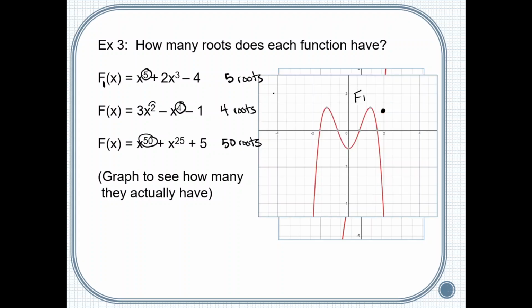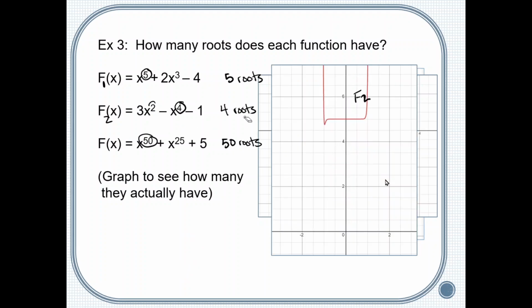If I look at the x to the 4th, so this is our second one, it has 1, 2, 3, 4 roots. And so it has exactly the amount that we thought it would. Okay. But then finally, if we look at f of the third one, whoops.